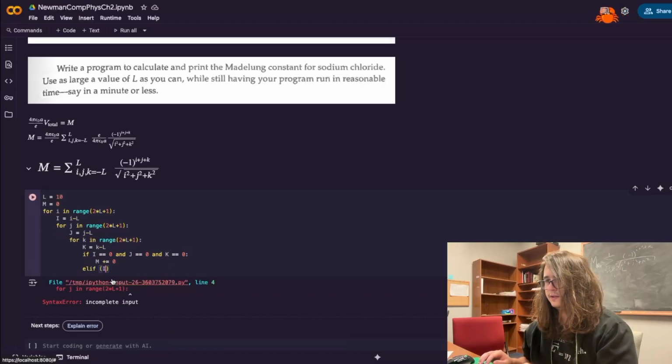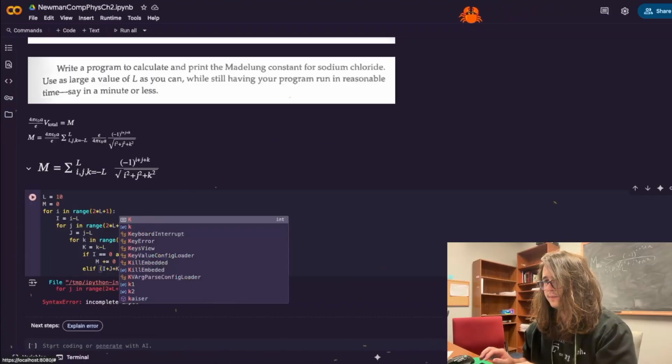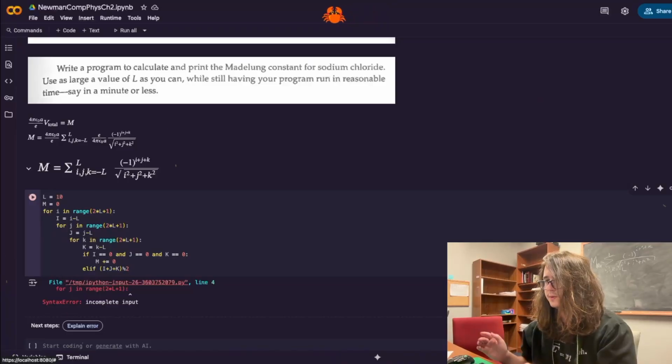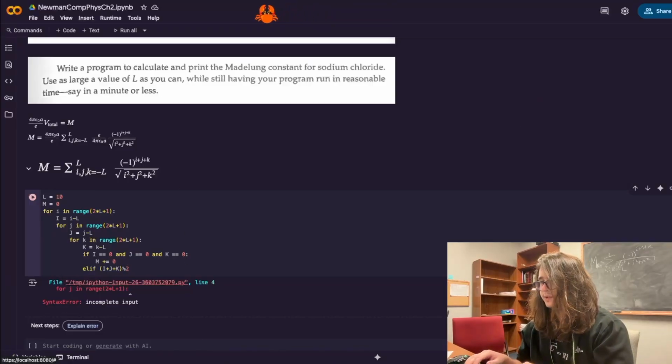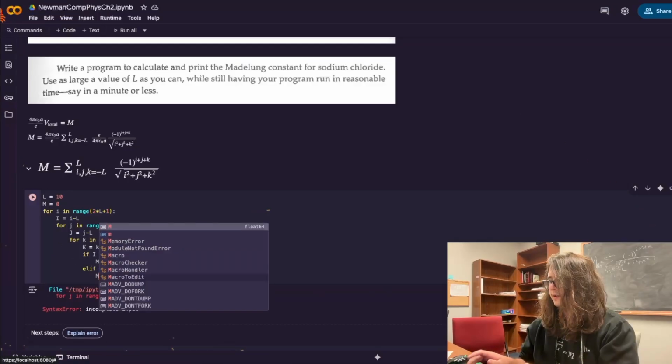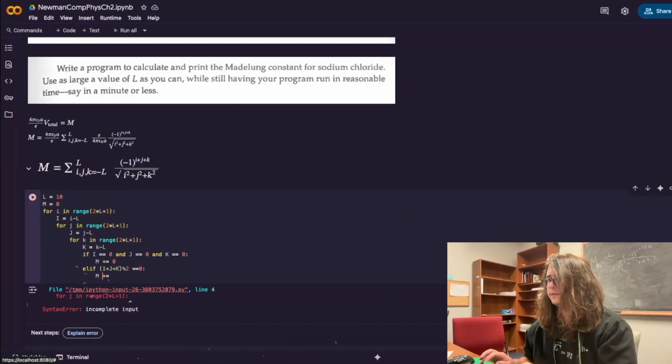And then if I plus J plus K percent sign 2, that means it's going to divide it by 2 and get the remainder. If the remainder is 0, that means it's even, and therefore you add on the actual Madelung constant, which was 1 over the square root of I squared plus J squared plus K squared.